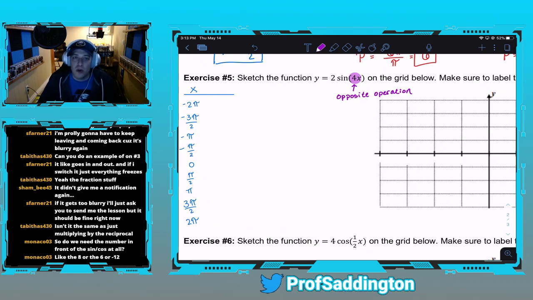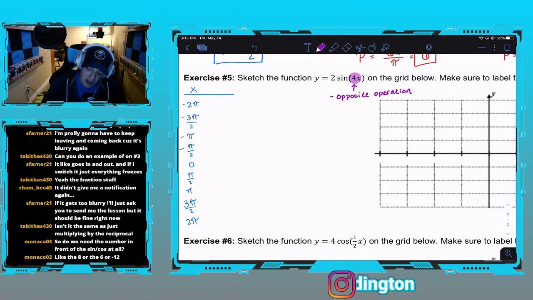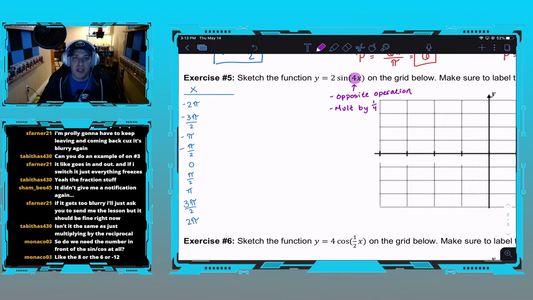So even though that says that we're multiplying it by 4, we really aren't multiplying it by 4. This is really telling us that we're multiplying by its reciprocal. We're multiplying it by 1/4. Because the opposite of multiplying by 4 would be multiplying by 1/4.